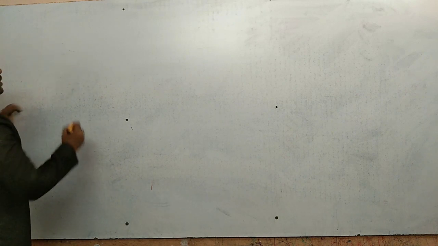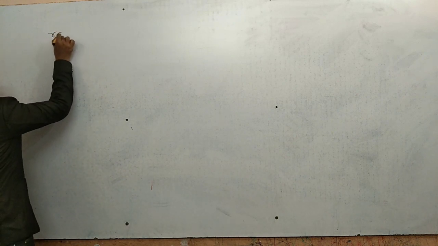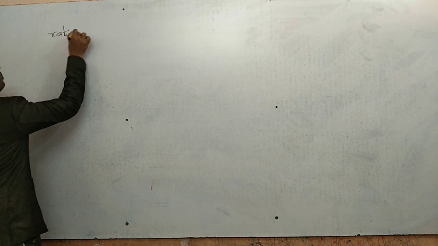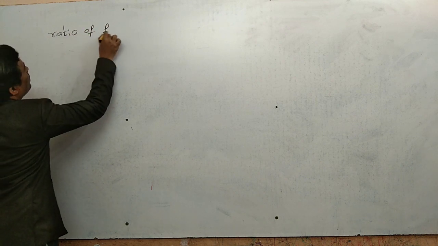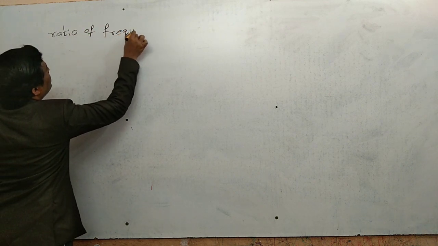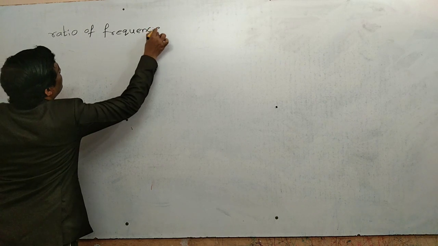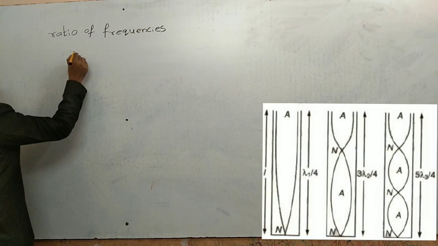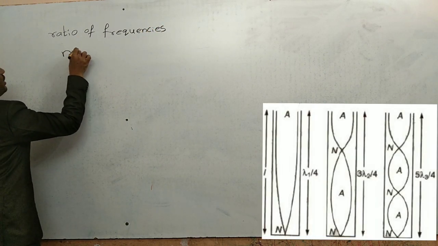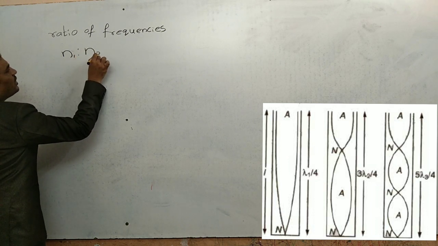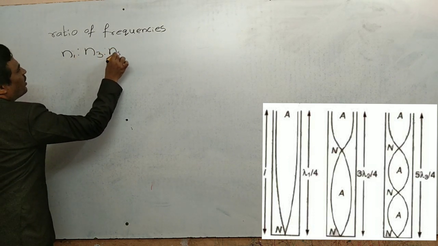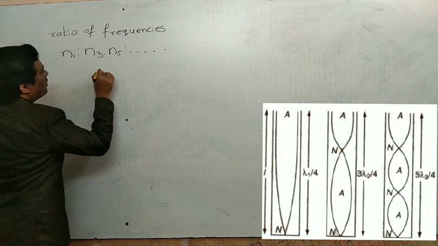Ratio of frequencies. N1 is to N3 is to N5 and so on.